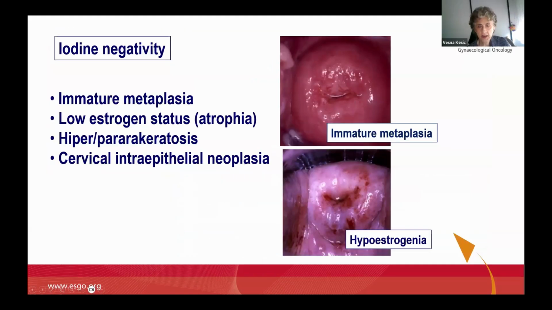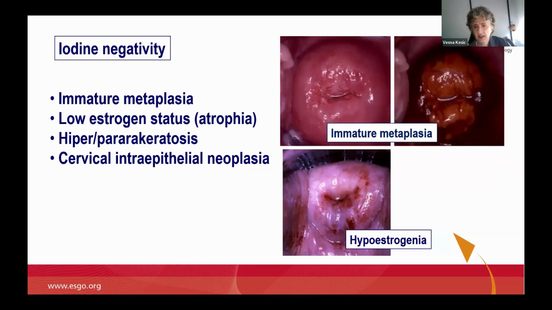Iodine negativity, you have just seen some examples. Atrophic epithelium, immature metaplasia. Why is immature metaplasia not staining? Because this epithelium, metaplastic immature, still doesn't contain glycogen.